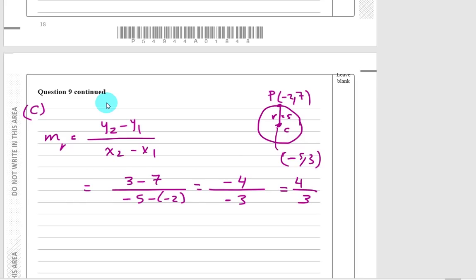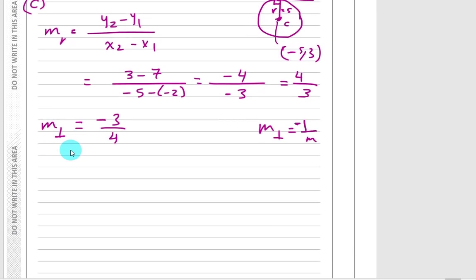So it's equal to 4 divided by 3. M perpendicular, because we know that this is a tangent, the line of the tangent, and here this is angle 90. M perpendicular is equal to minus 3 over 4, because m perpendicular is equal to minus 1 over the m of the line. So now the gradient of the tangent will equal minus 3 over 4. The equation y is equal to mx plus c.